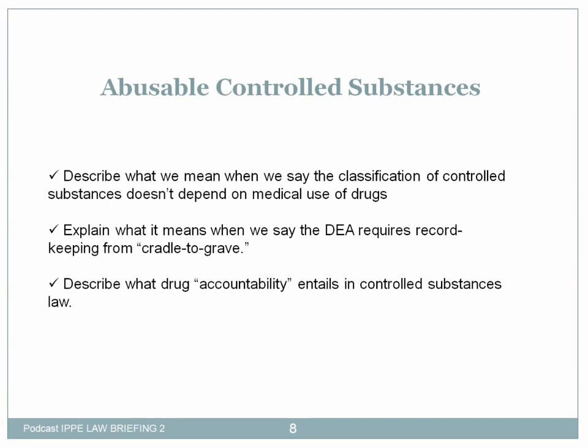The system then says we are going to authorize certain people to possess drugs that are in one of those 5 schedules, and we are going to require record keeping from cradle to grave, from the synthesis and manufacture of the drug to their ultimate use by a patient.